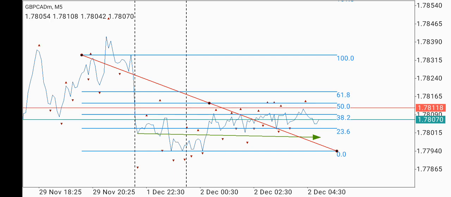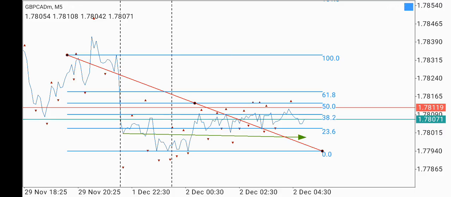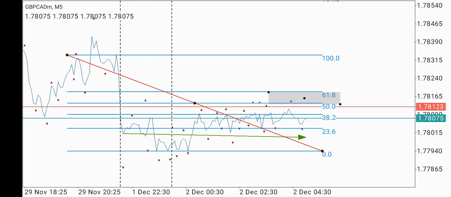So now this is the premium. So far as price retraces back to either 50% or 61.8 percent, so we have this 38.2, 50% and 61.8, all here are your points of interest.